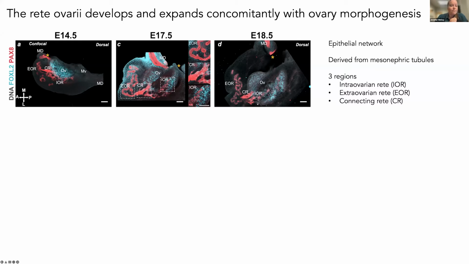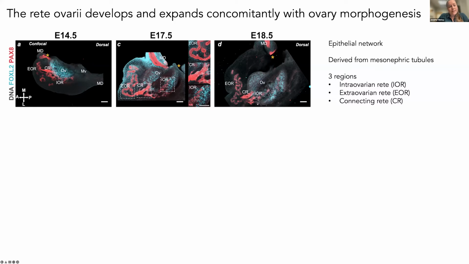And we rediscovered this structure using antibodies against PAX8, and we've been really interested in investigating its development, but also finally addressing its function during ovary development and also in ovarian functions.